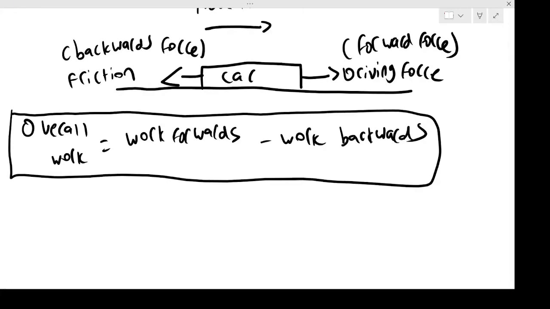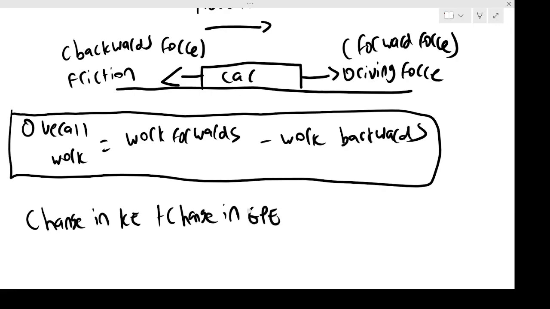More specifically, if we work out the change in kinetic energy and the change in gravitational energy, the total change of energy, what that turns out is, now that we include forces, it equals the overall work done by all the forces.